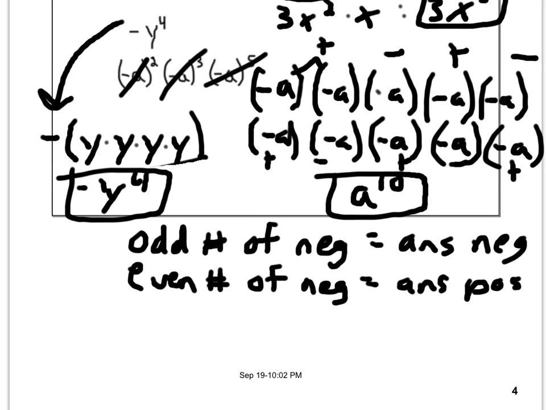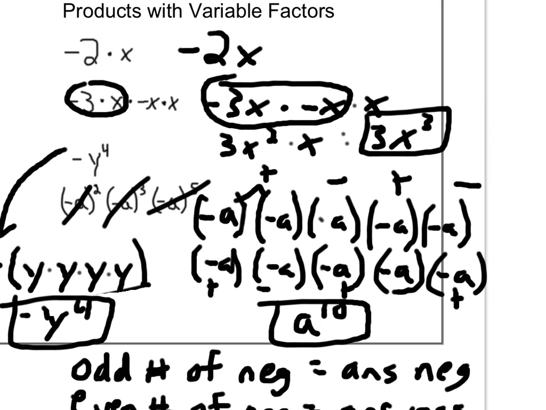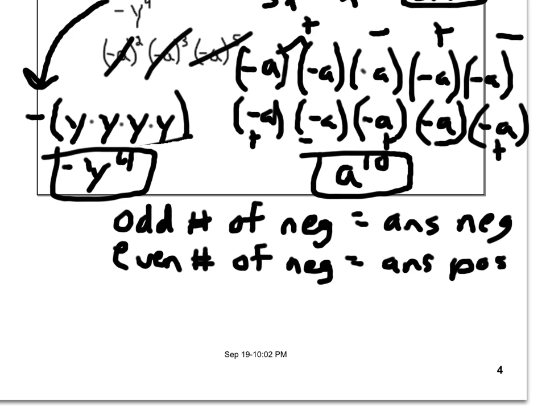Well, let's look at those examples up here again. If I count up the number of negatives in the problem we just did, there's 1, 2, 3, 4, 5, 6, 7, 8, 9, 10 negatives. Oh, that's an even number of negatives, so the answer ends up being positive. Okay? If I look at example number 2 that we did, there's 1, 2 negatives, so the answer was positive. Up in the first example, there's 1 negative, so the answer is negative, because that's an odd number. Okay? So that's the way to remember that.